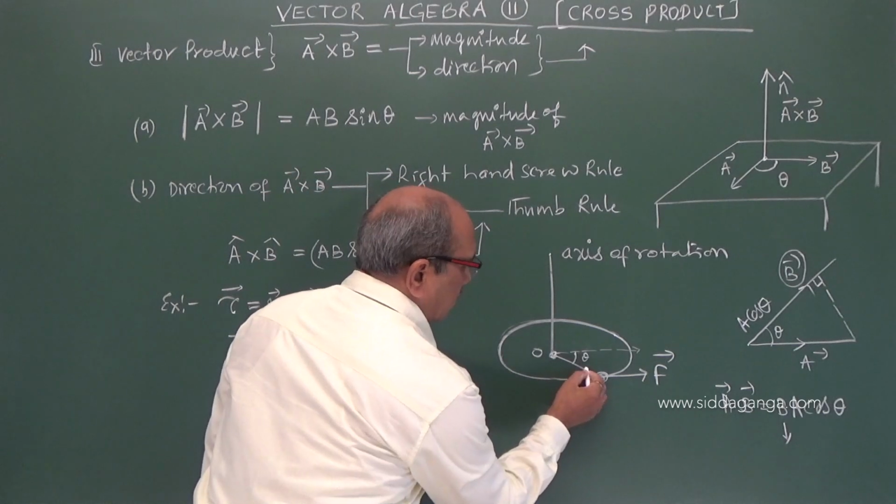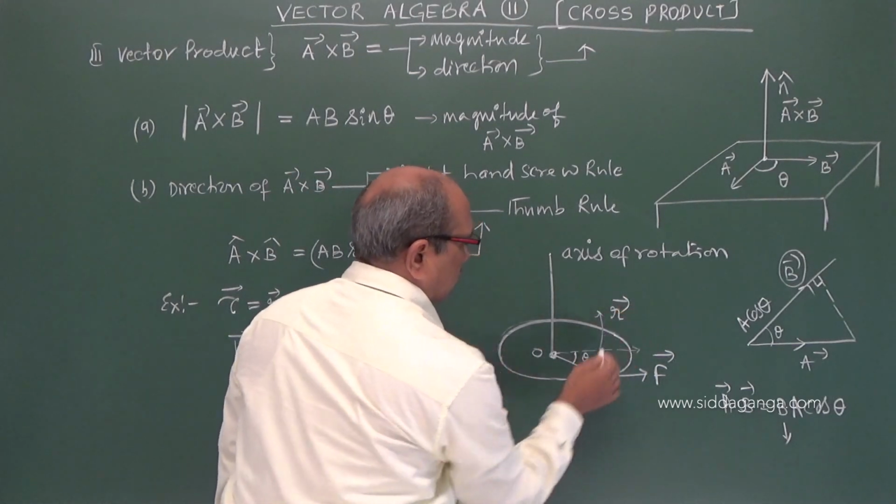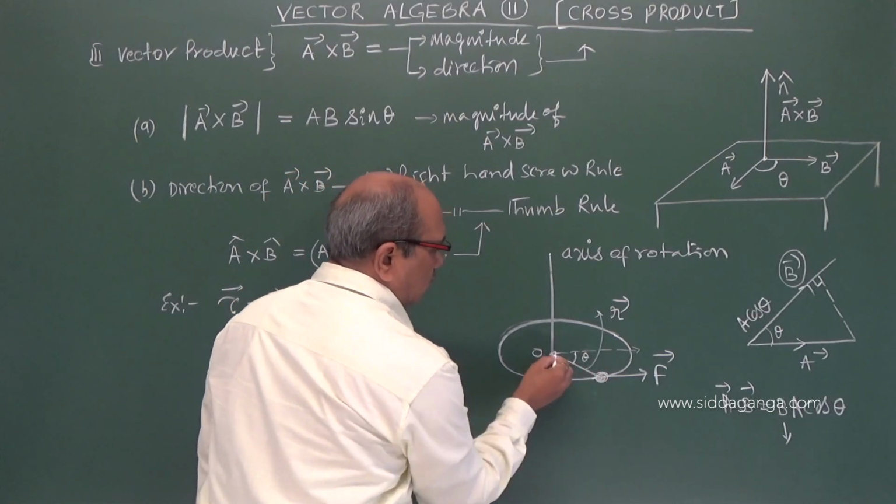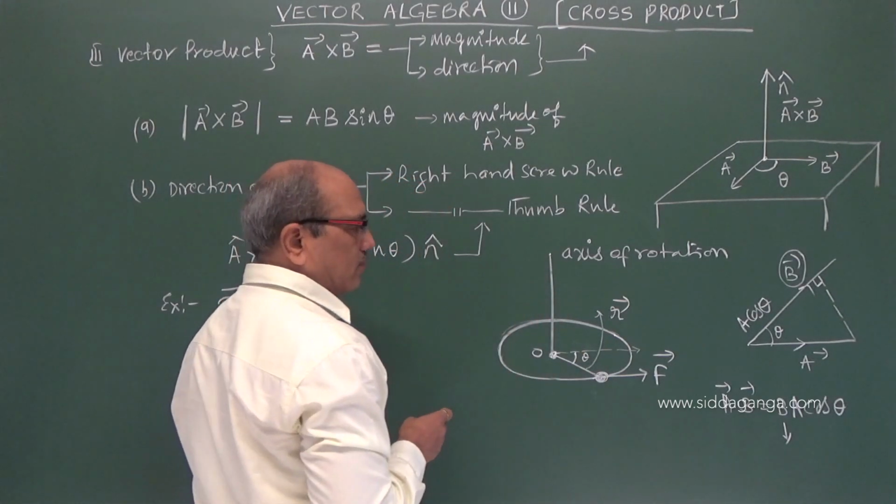This is the vector R, the distance of the force application point from the axis of rotation.